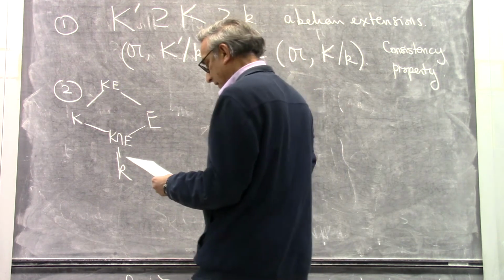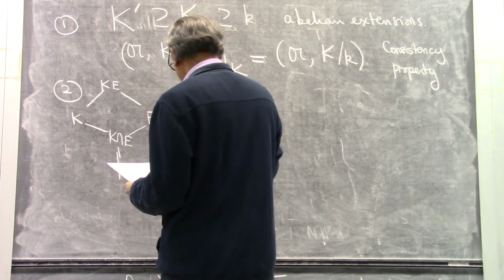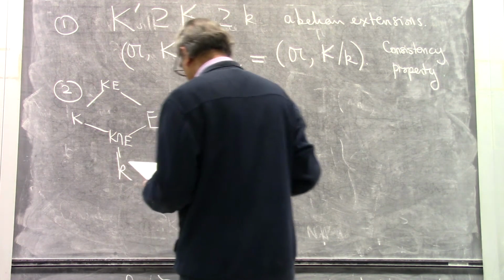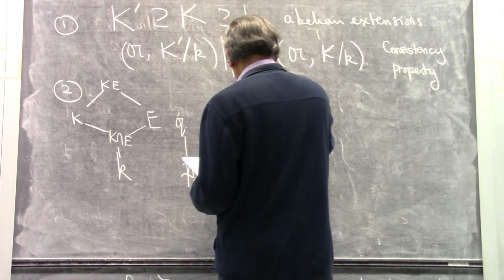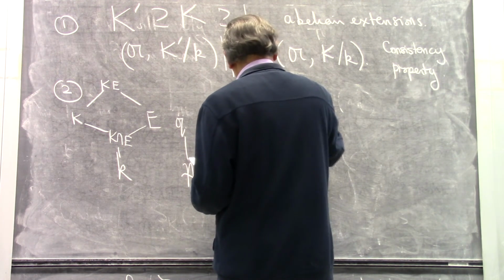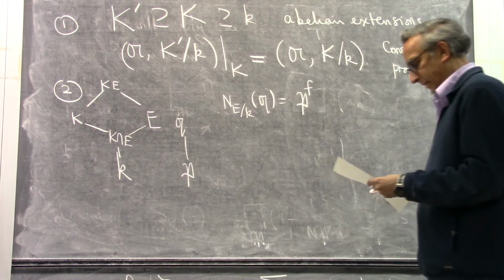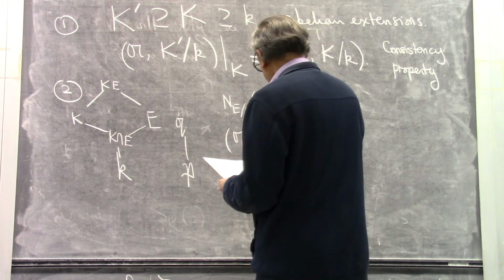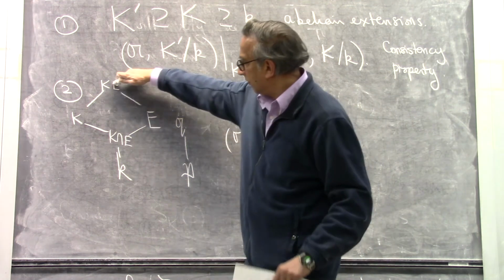It's very easy. So if I have a prime ideal Q above P, so P is sitting here, you have this prime ideal Q, then let's say the norm of E over K of this prime ideal Q is P to the f. Then the Artin symbol of Q for KE over E, so keep in mind KE over E is this extension.